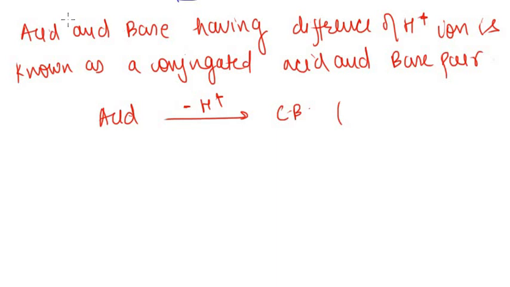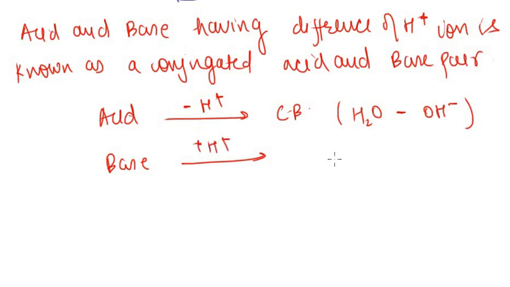Take an example like water: if we take it as an acid, removing H plus, OH minus will be its conjugate base. In case of base, when we add H plus, it is known as the conjugate acid. So in case of ammonia, if we add H plus, it forms NH4 plus, which is known as the conjugate acid.